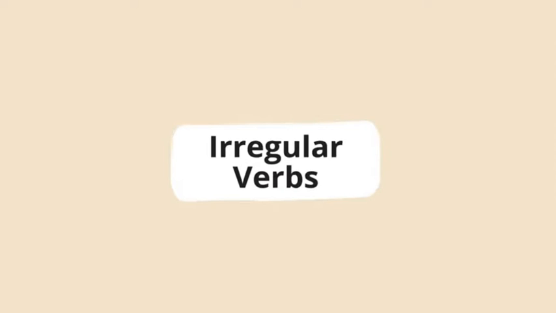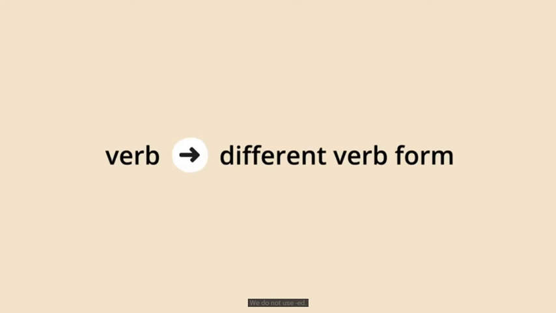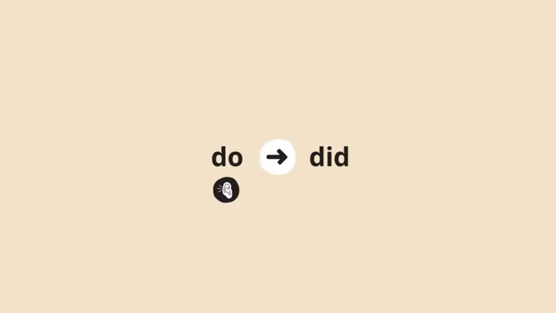With irregular verbs, the verb changes into a different form. We do not use -ed. Here are some examples of irregular verbs. Listen and repeat. Do, did. Drink, drank. Eat, ate. Go, went.